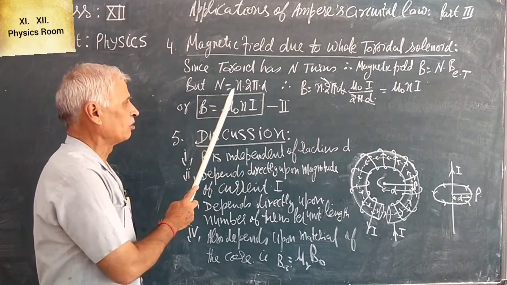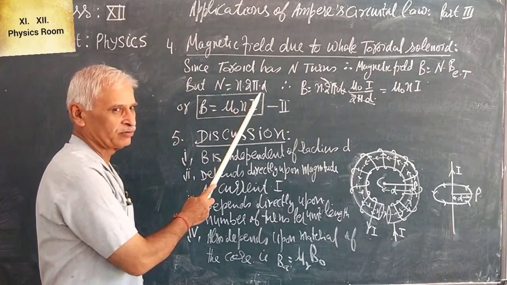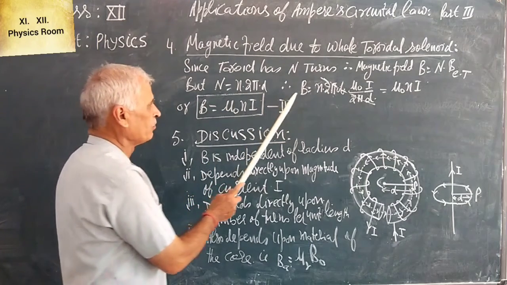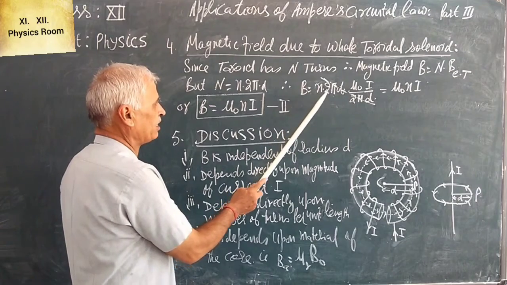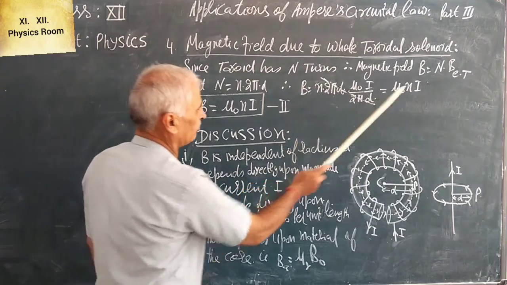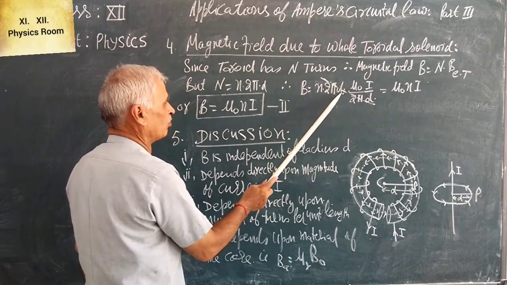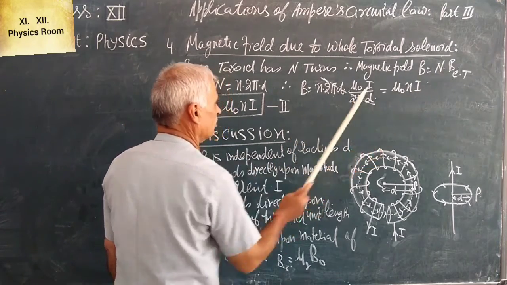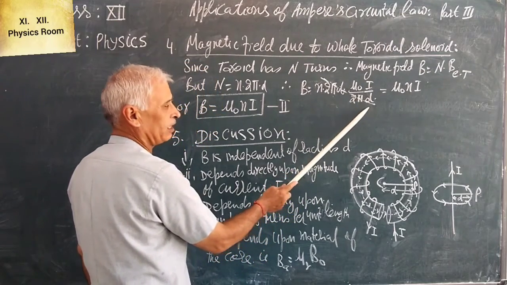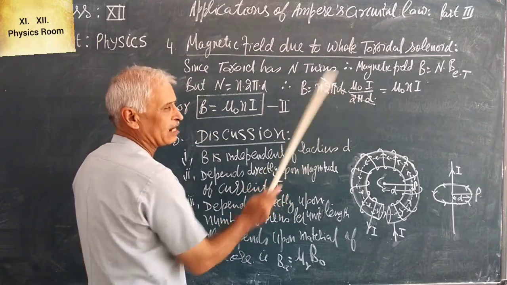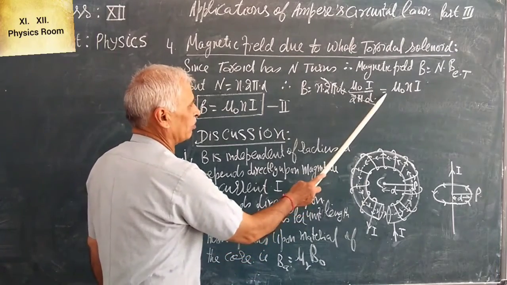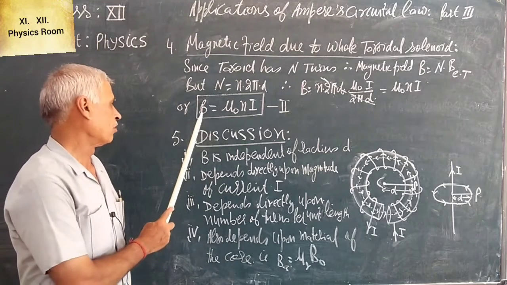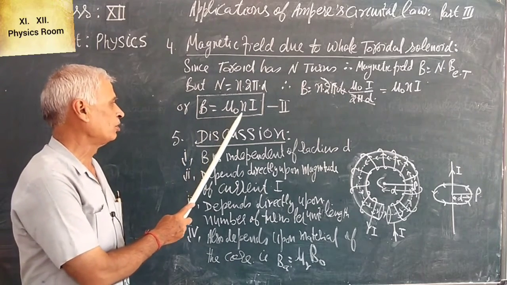But N is equal to n into 2 pi d, as we have mentioned earlier, where n is turns per unit length. Therefore, B will be equal to n into 2 pi d. In place of N, we put n into 2 pi d into B each turn, mu 0 by 2 pi, I by d. And 2 pi d cancels. So we are left with only mu 0 n I. Or we write B is equal to mu 0 n I.